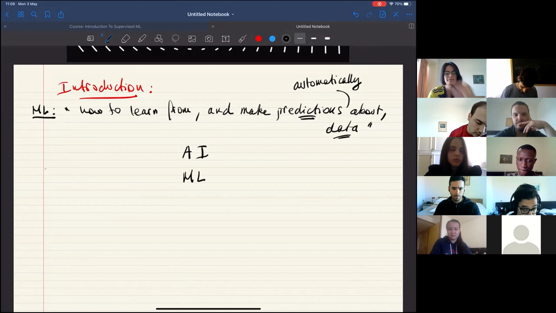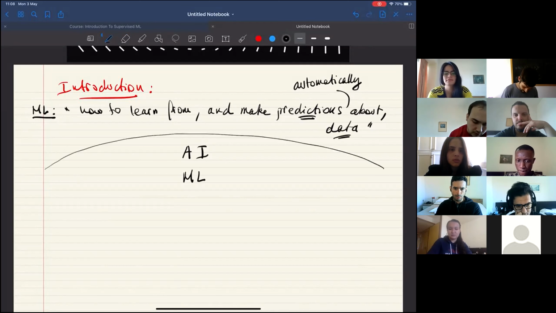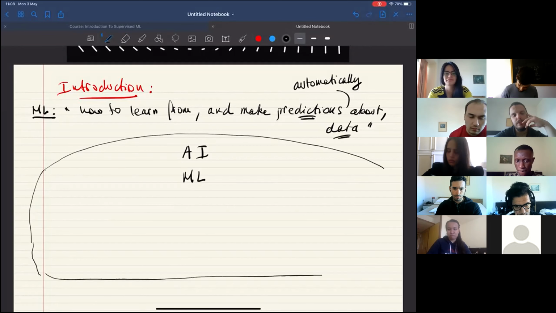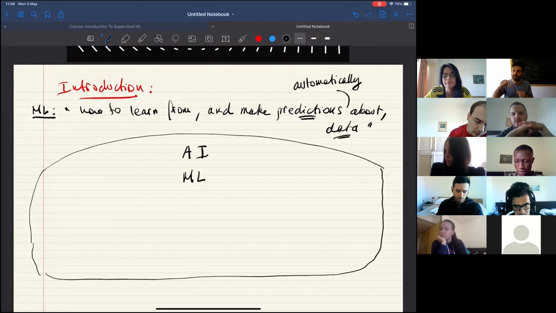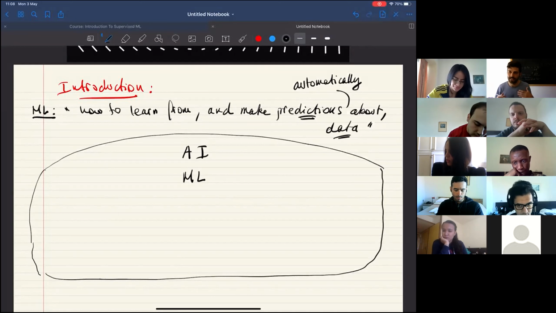AI is a big thing, and there are things inside AI that are not machine learning. For example, what we call expert systems, which are inference systems that use very complicated logical trees of decisions. It's just if then else, but with very complicated structures, and these are called expert systems that are really coded by hand.